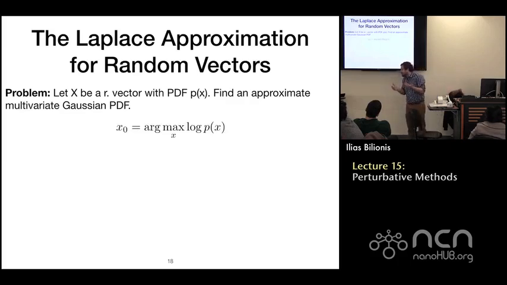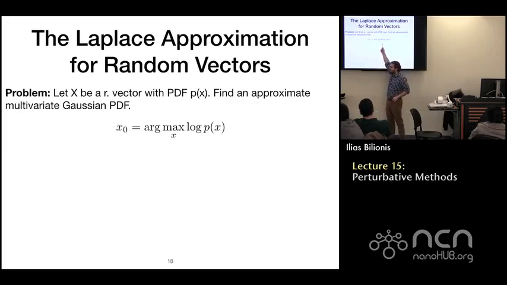We're going to use the Taylor series expansion of log of p around x naught, where x naught is again the maximum of the PDF. So you go ahead and you solve this optimization problem to find the maximum of the PDF. We all know what argmax means.